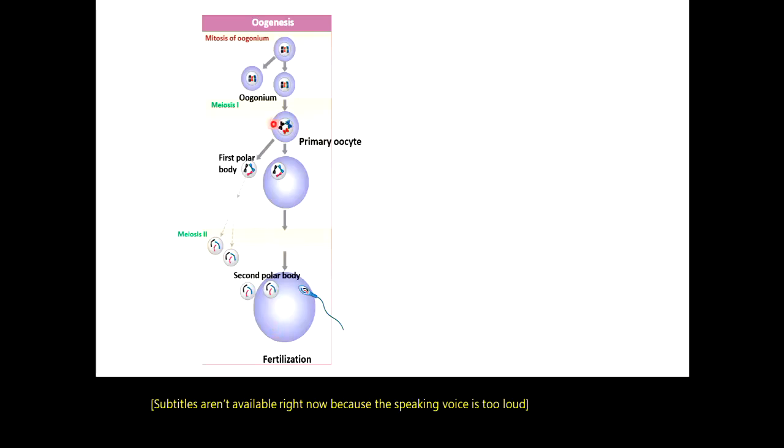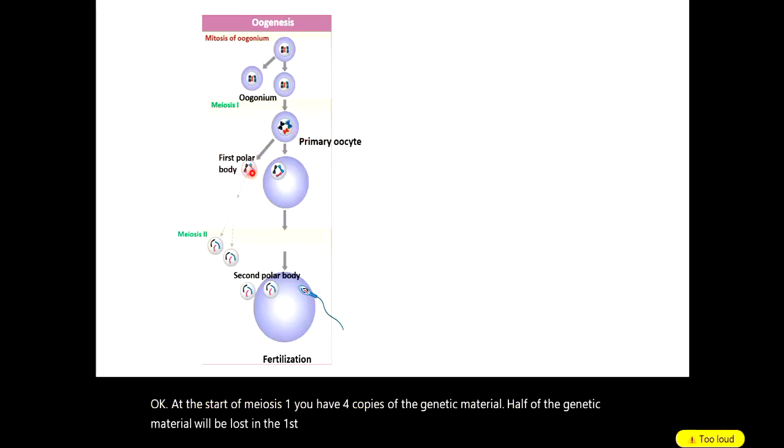And I want to give you the high level answer, and then we'll talk about the details involved. So you see that when meiosis 1 takes place, you have prophase where the genetic material is being replicated, and then you have 4 copies of the chromosomes. At the start of meiosis 1 you have 4 copies of the genetic material. Half the material is lost in the first polar body, so now you have only 2 copies.